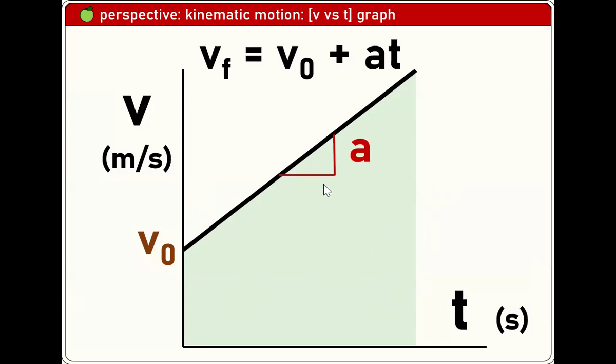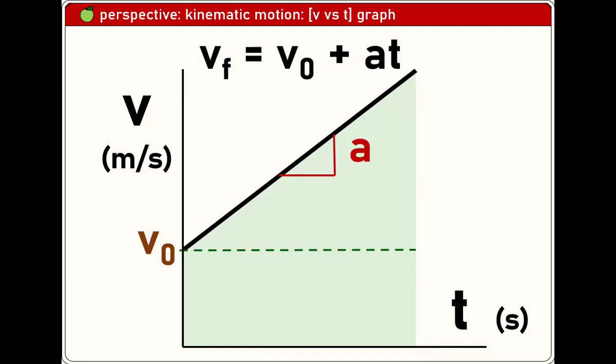What if I split this up a little bit? This speed times time, what is speed times time equal to? Distance. That's also true with the units. If I do meters per second times seconds, the seconds cancel out, and it leaves you with meters, which describes the distance.